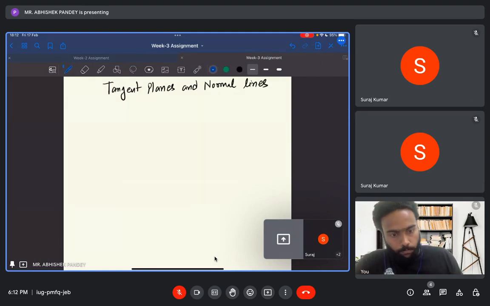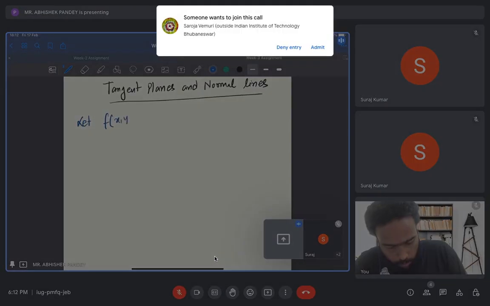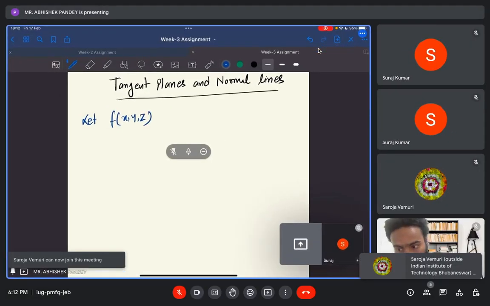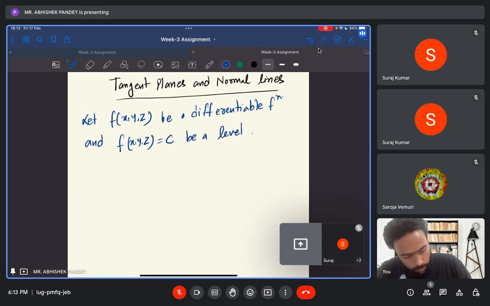Let f(x, y, z) be a differentiable function, and f(x, y, z) = c be a level surface. So this is the level surface S.